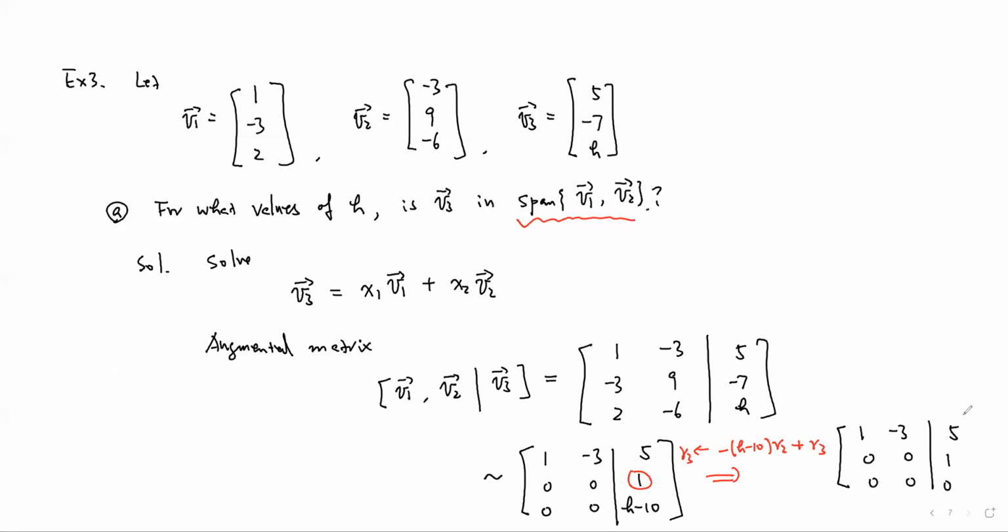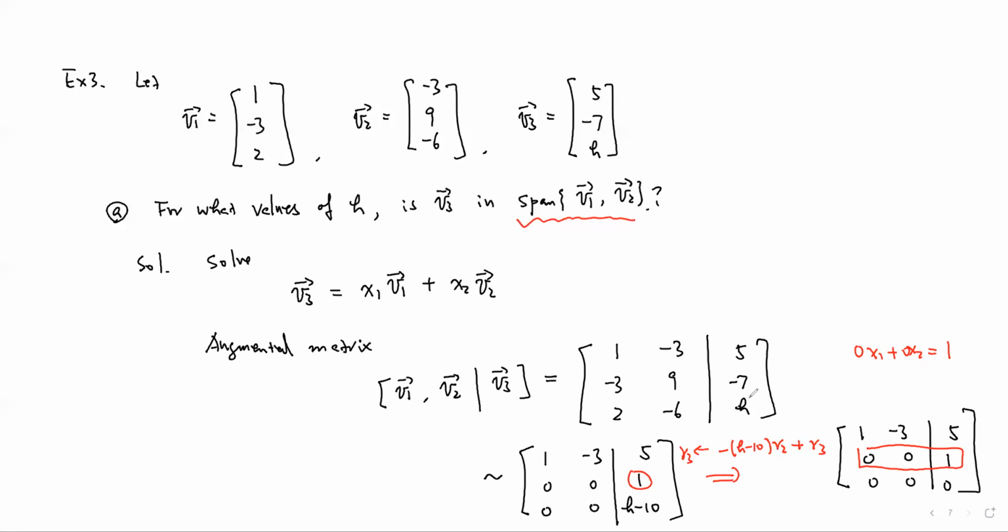Zero, zero, zero. Now look at the bottom non-zero row. This row is actually an equation: 0 times x1 plus 0 times x2 is equal to 1. No matter what x1, x2 are, this equation is never true.